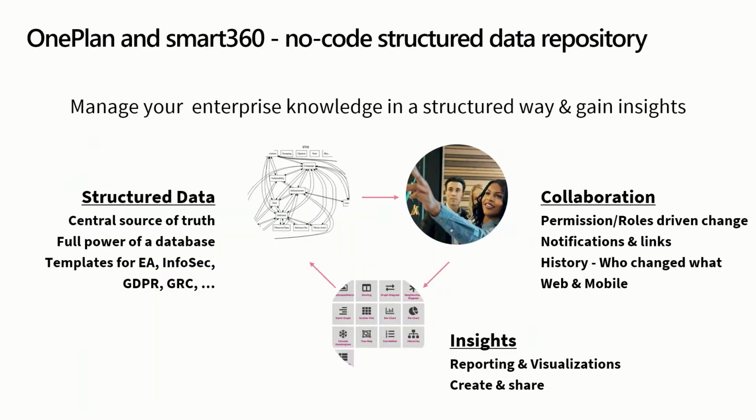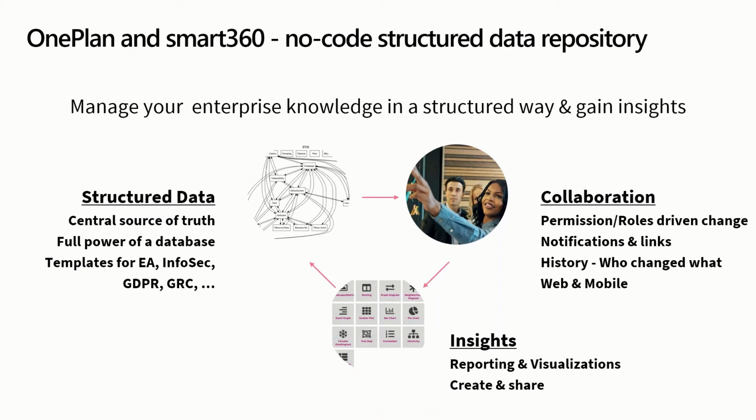So OnePlan and Smart 360, these are two solutions that come together now in order to deliver strategic portfolio management. And what we're adding is that enterprise repository for being able to connect your portfolios, programs, projects to business architecture, technology, data, and applications.